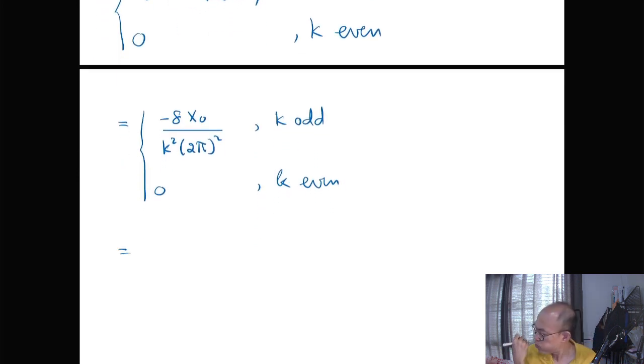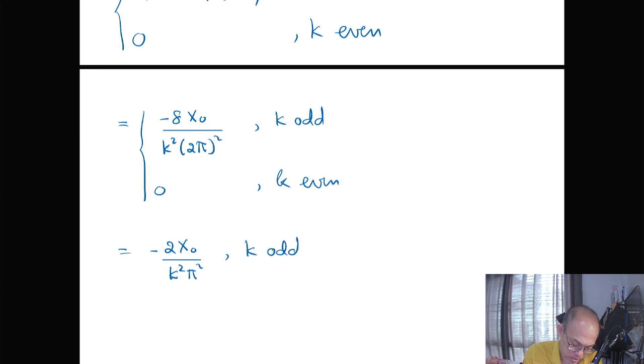And I have 2 squared is 4, 8 over 4 is 2, so minus 2 x0 over k squared pi squared when k is odd, and it is equal to 0 when k is even. Now, so this is our ck.